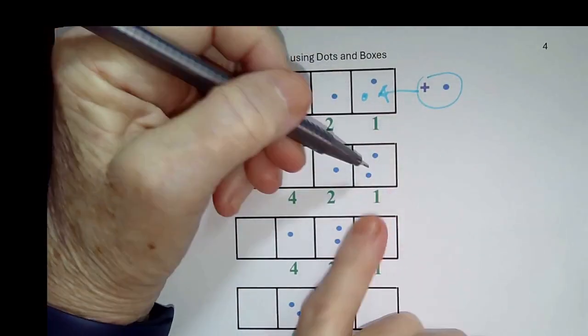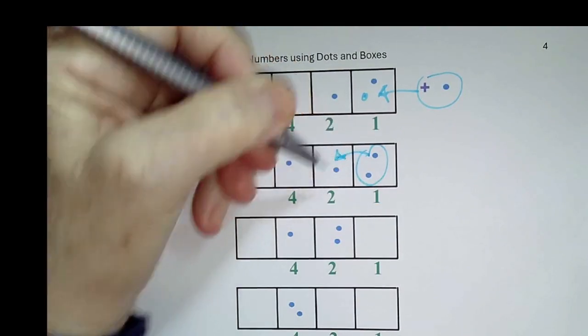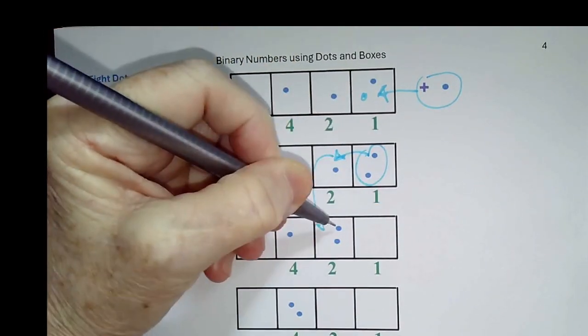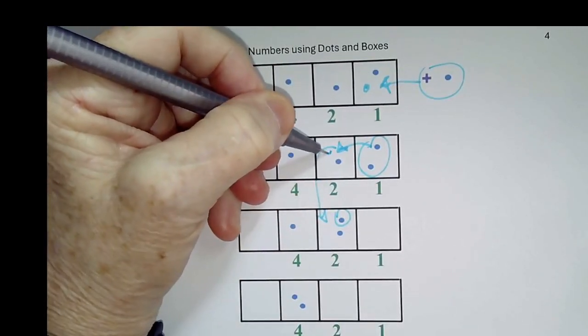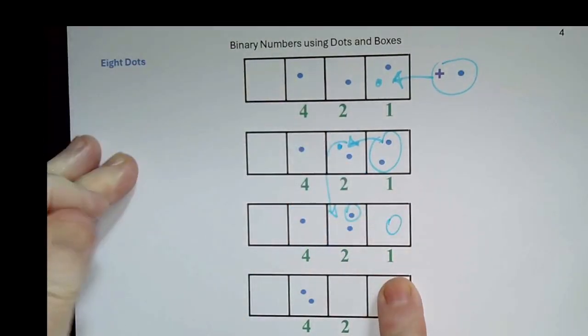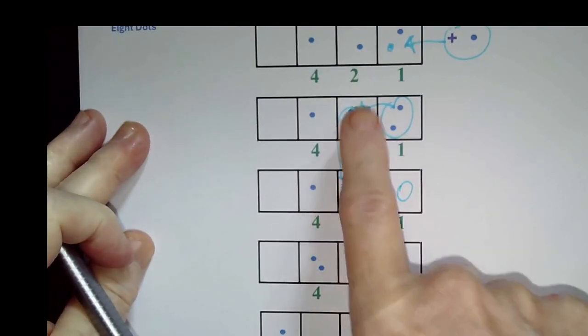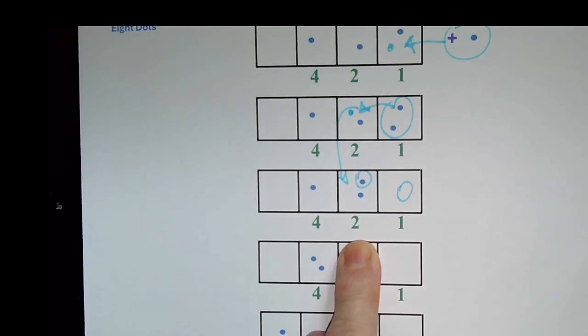So these 2 dots have to collapse into 1 dot to the left. Now we've got 0 dots left in the 1's place, but we have 2 dots in the 2's place, which we're not allowed to have.